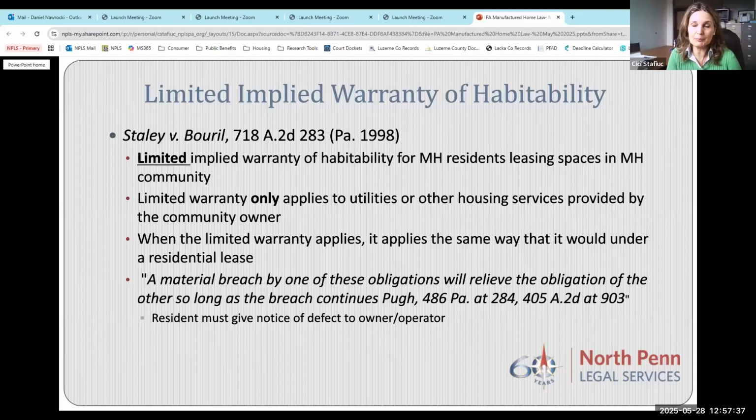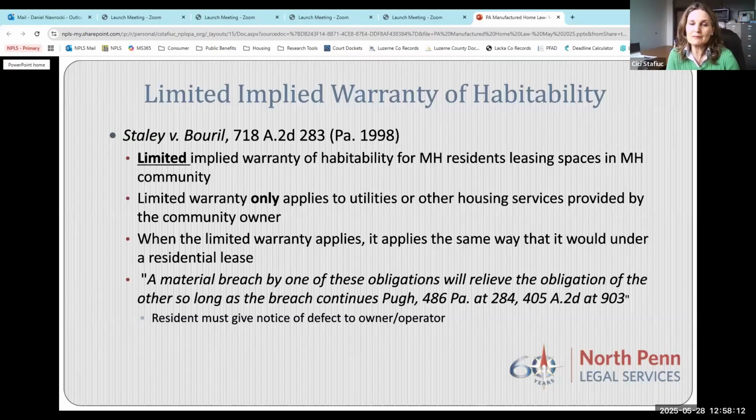It mentions the Fuchs case from 1979 and states that a material breach of one of these obligations will relieve the obligation of the other party as long as the breach continues. In that case, the resident was withholding the rent because he did not have water services. The court decided that was perfectly okay, and it created this implied warranty of habitability.